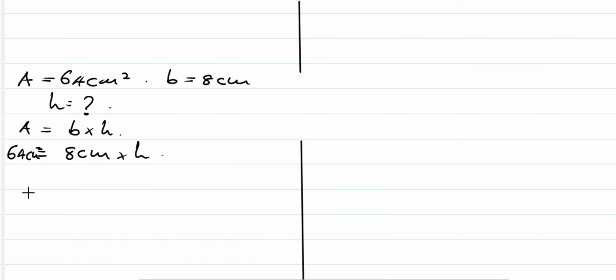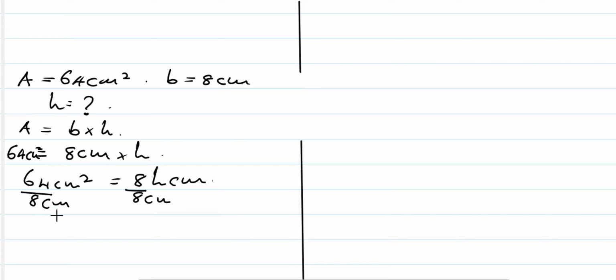So this is 64 centimeters squared, let me write it again here, equals 8 multiplied by this h, then centimeters, like that. But you see, we only need the height. So to get the height, I need to divide by 8 here and by 8 here. But you see, 8 is in terms of centimeters and 8 is also here. I can just put it in terms of centimeters.